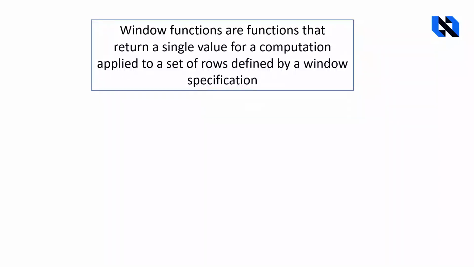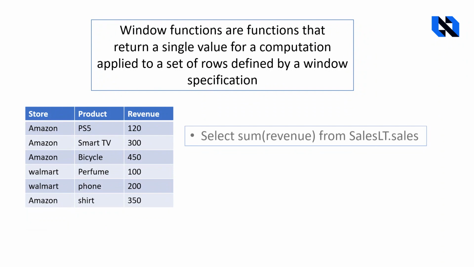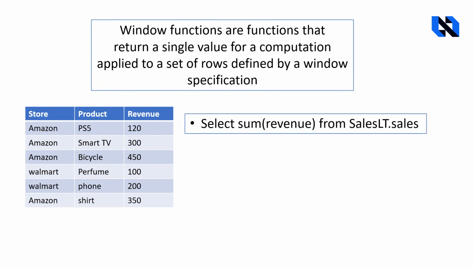Now, let's look at this very simple table here to buttress our explanation. I have this table that contains store, product, and revenue. If I wanted to get the entire revenue from all the stores, I would have written a group function SQL query by saying select sum revenue from sales.